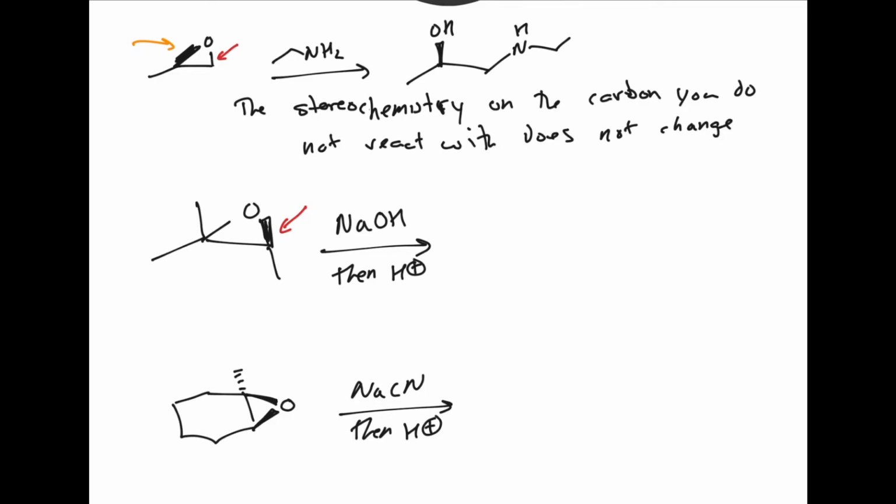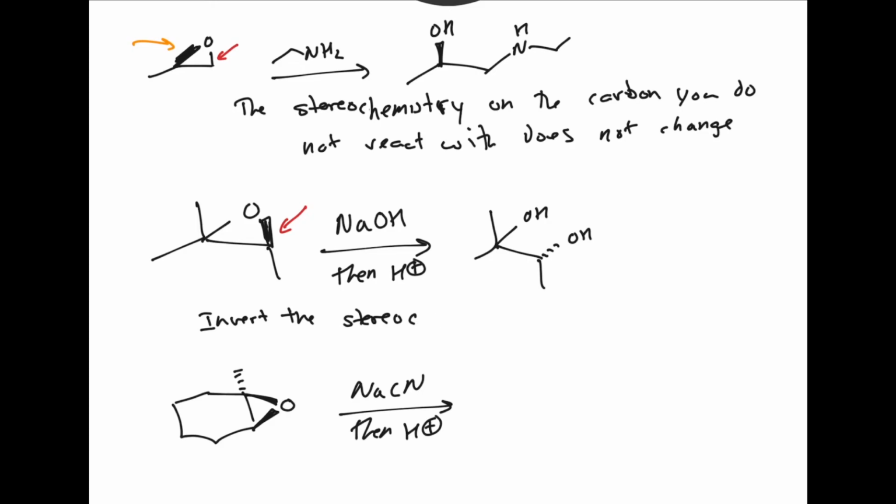So I'm going to invert my stereochemistry. My nucleophile, my hydroxide, comes from behind the oxygen, and that is going to give you inverted stereochemistry. So we're going to invert the stereochemistry.